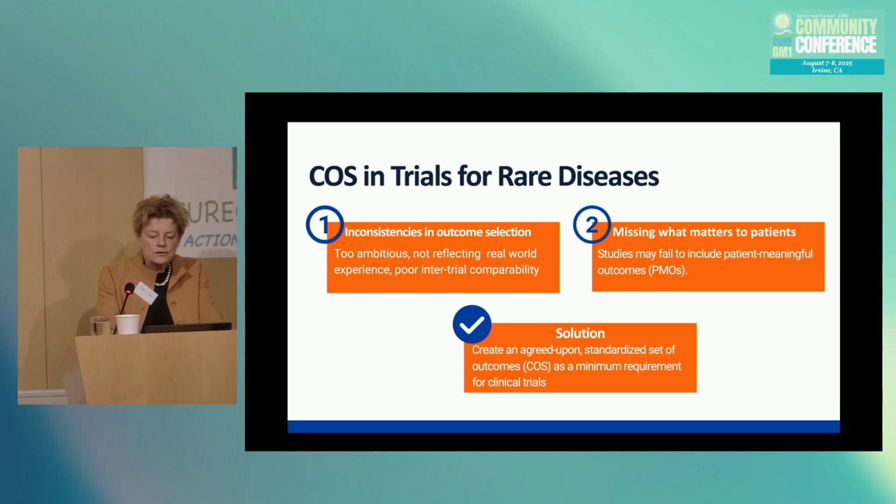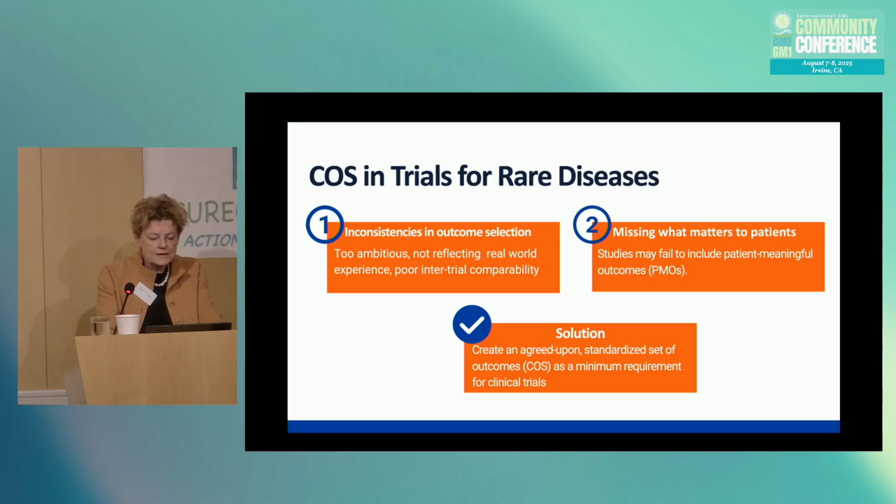And also, there's often something missing, what matters to patients, and this is called patient-meaningful outcomes. So is it really meaningful for a patient that you have an improvement in your MRI, or is it more meaningful that you have improvement in your abilities to talk or to handle objects with your hands?